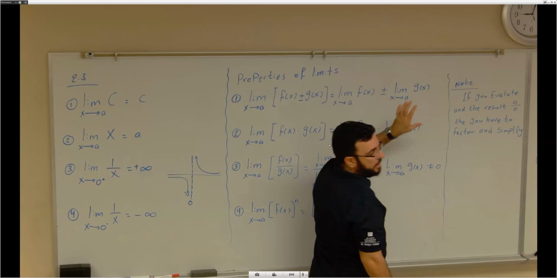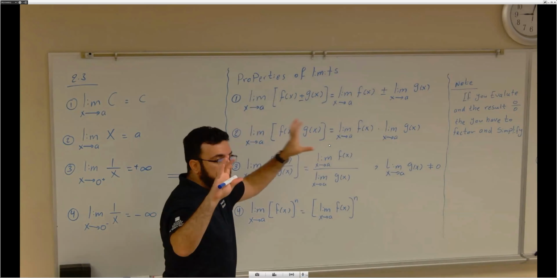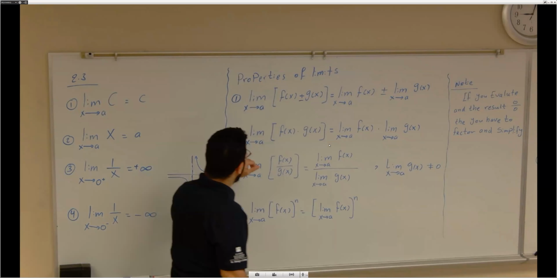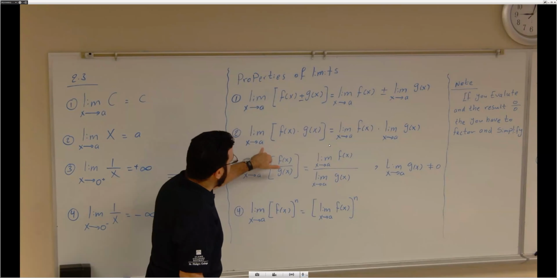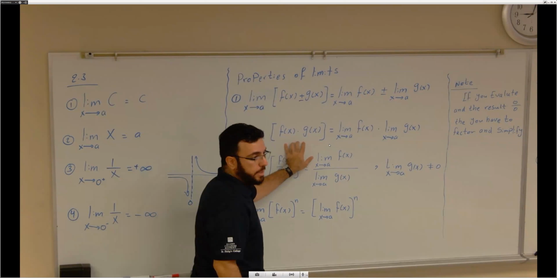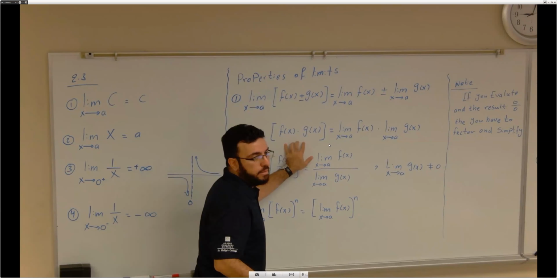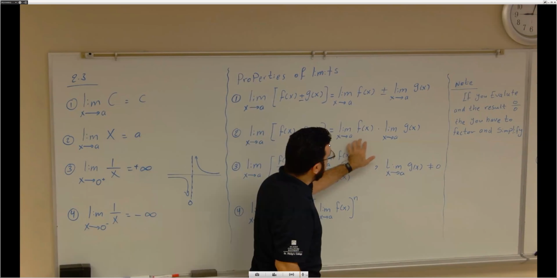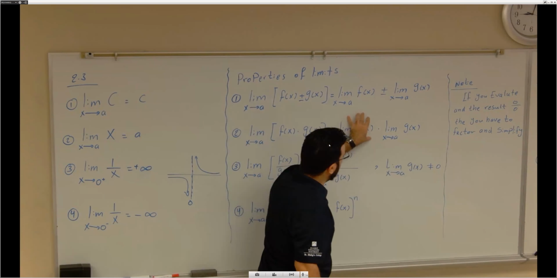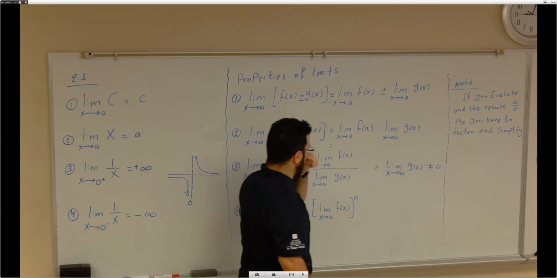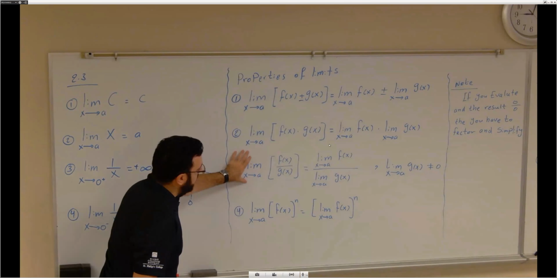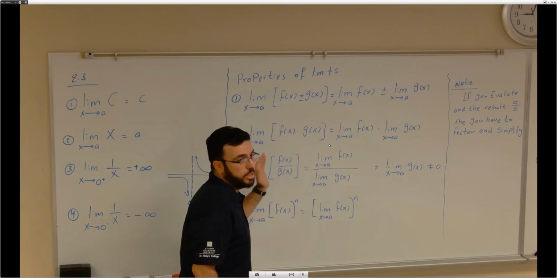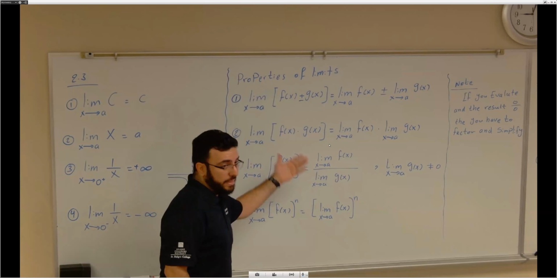You take the limit of each one, exactly like with polynomials. For the multiplication of 2 functions, let's say 3x, which is 3 times x, it's going to be the limit of the 3 times the limit of the x, the limit of the first function times the limit of the second function. The same thing with division. In fact, we're not going to use this rule because you're just going to find the limit right away, but that's how it works, okay?